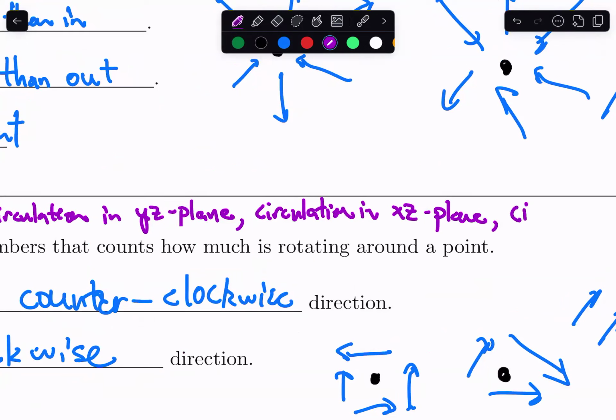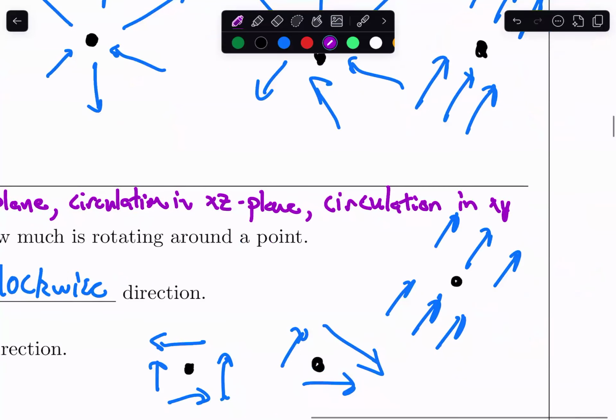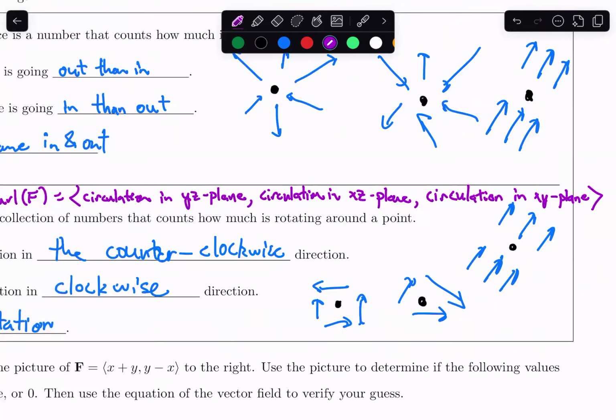And then finally, you have your circulation in the XY plane. Again, at this point, I'm not giving you the full proof. I'm just telling you this is where all of the circulation information is stored for each plane.